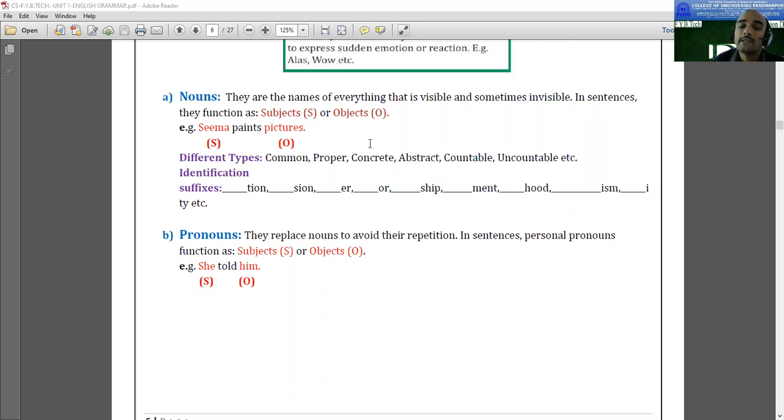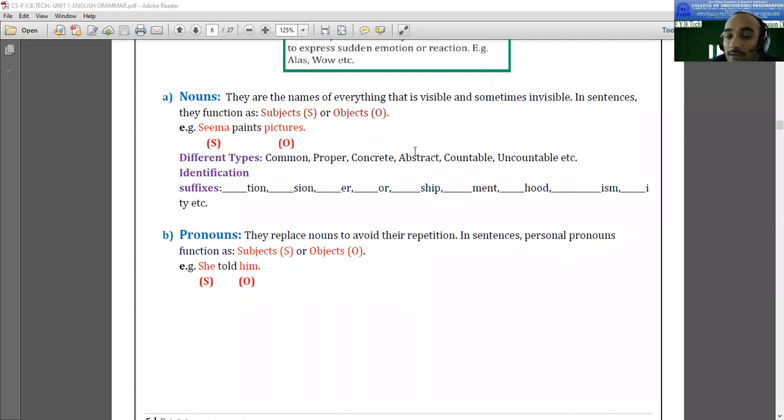Yes, idea, quality, or concepts, feelings. So these are the nouns which can be called ideas or qualities or concepts. With the help of these, we can identify the abstract nouns.